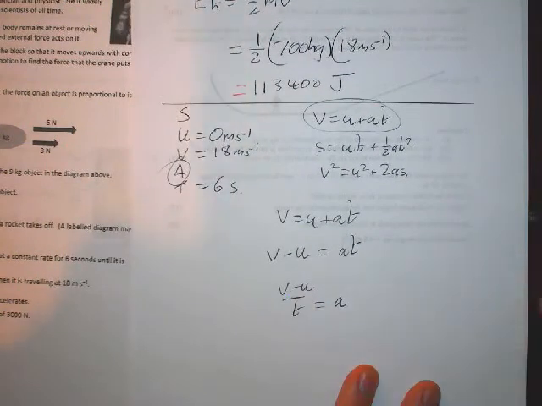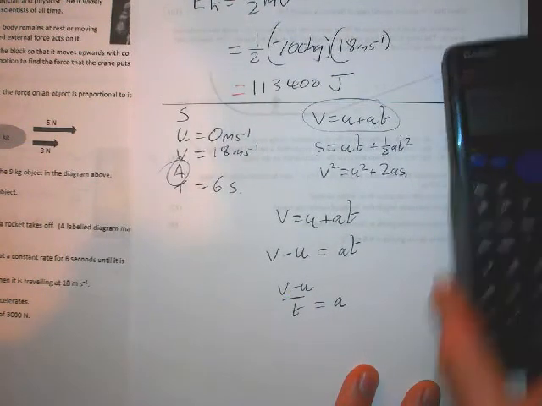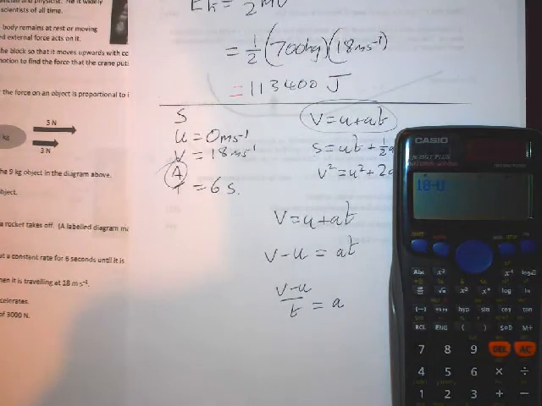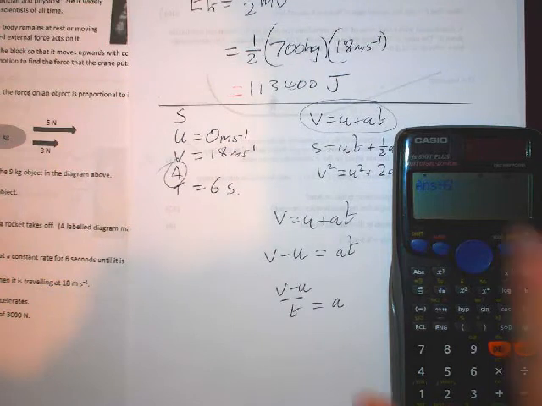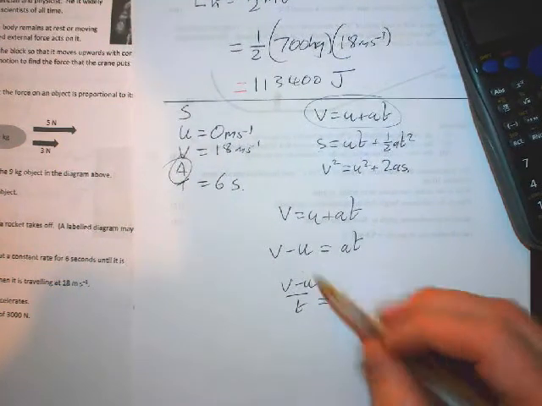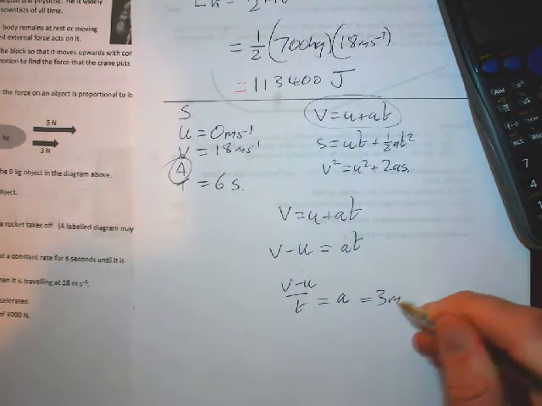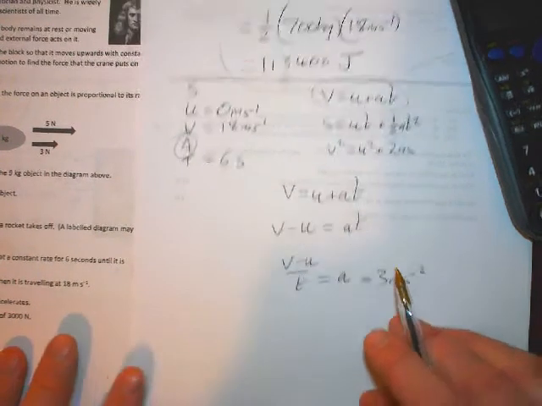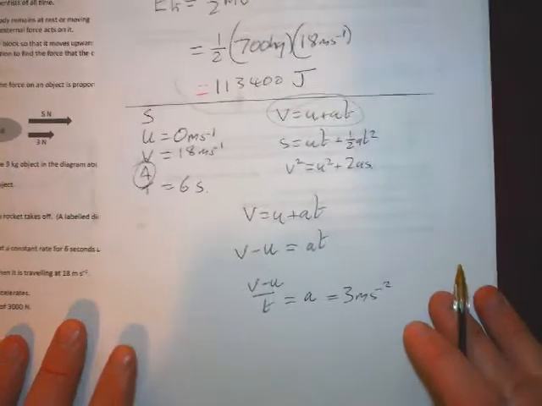And if you remember, that's just our general definition for acceleration: change of velocity over time. So we have a change of velocity v minus u, 18 minus 0 is 18, divided by the time it took to do that, 6 seconds, is 3 meters per second squared.